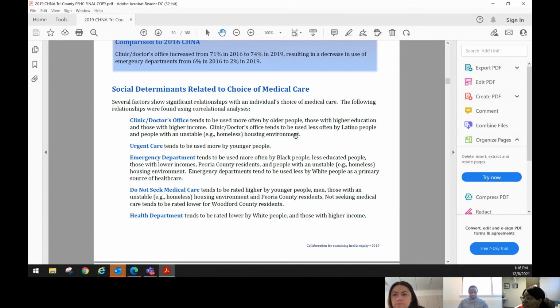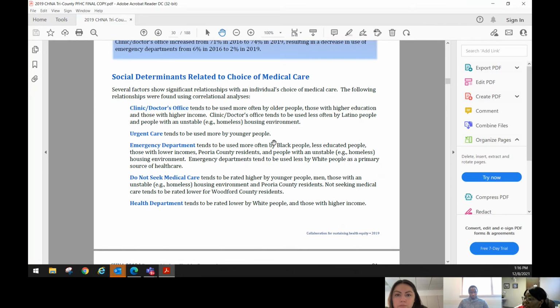Clinic doctor's office tends to be used less often by Latino people and people with an unstable homeless housing environment. Urgent care is used more by younger people. The emergency department tends to be used more often by Black people, less educated people, those with lower incomes, Peoria County residents, again, breaking down that population, and people with an unstable housing environment.